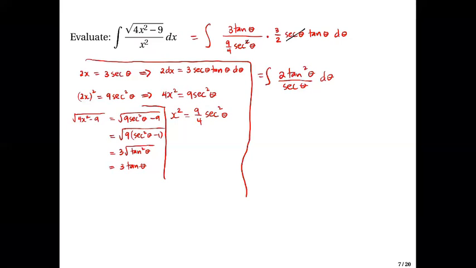That's why there's one secant theta on the denominator. Of course, 3 times 3 here, that's 9, so it will cancel the 9 here. This guy here will go to the numerator because it's a denominator of the denominator. So you'll have 4 over 2, and that's just 2.